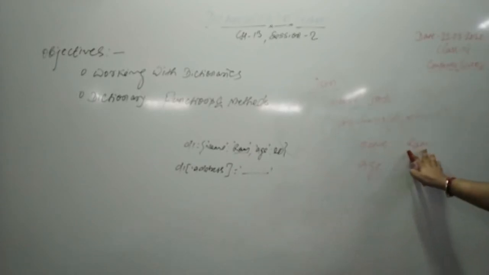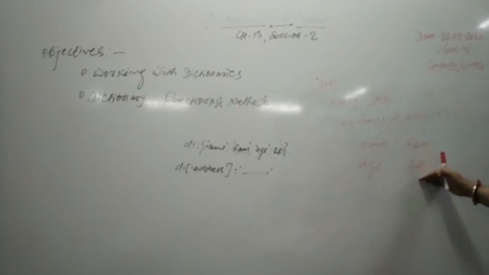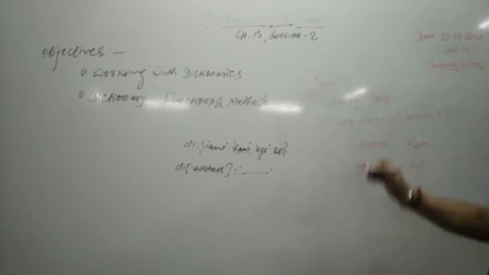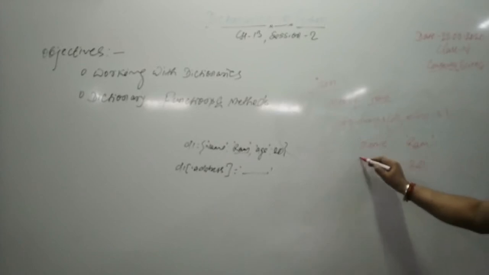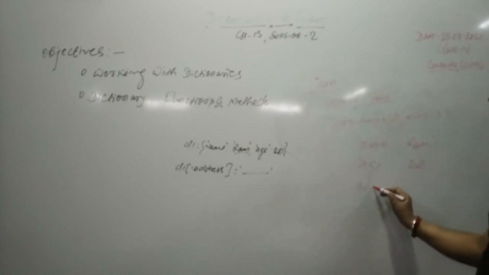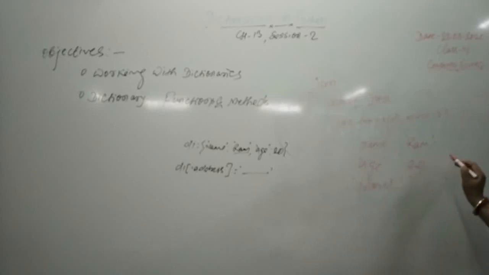The spaces will be there, and it will give you one after the other in a vertical way. So each key will come: name is Ram, so it will give you name Ram, age is 20, and likewise whatever address you have, you'll get the address.